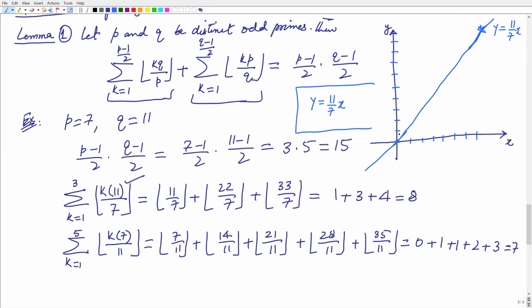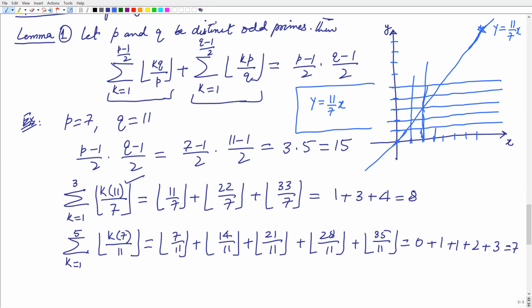So if we make boxes, 1, 2, 3, 4, 5, and then vertical boxes, so these are 1, 2, 3.